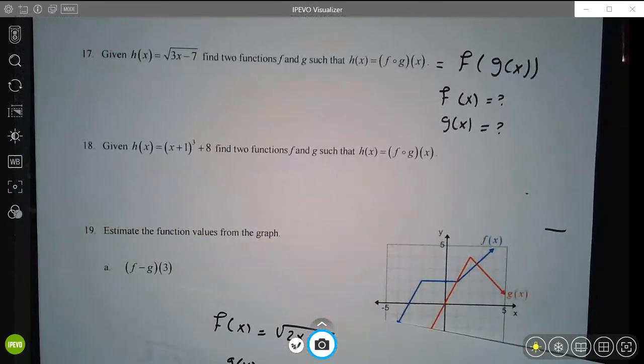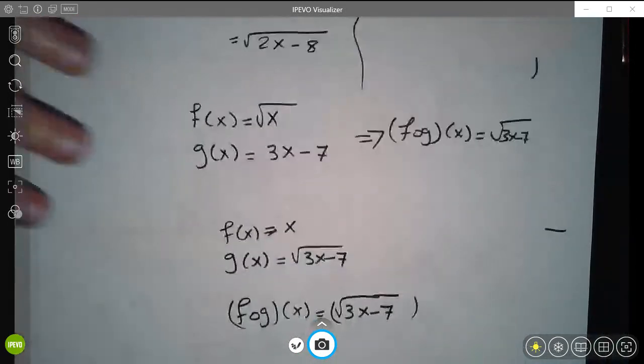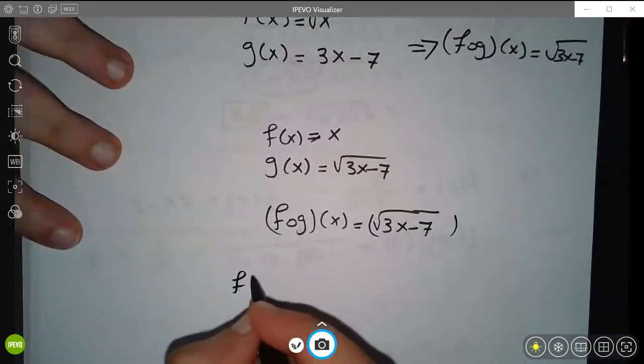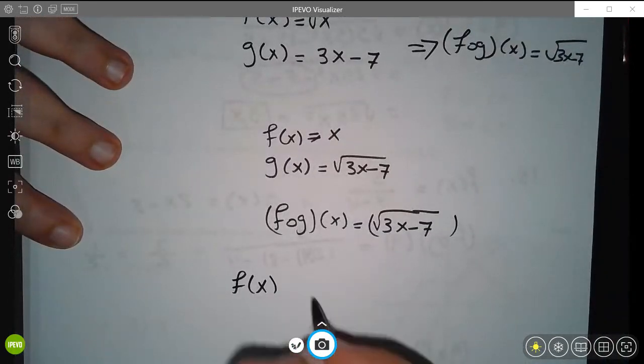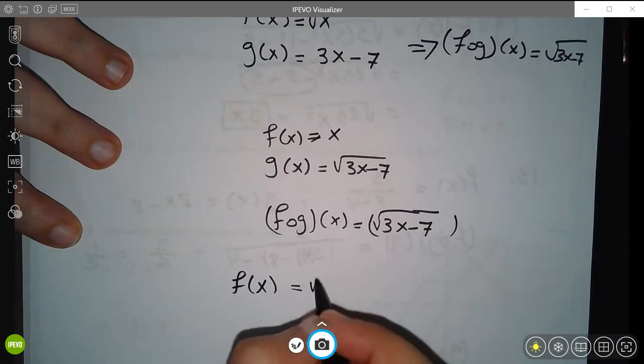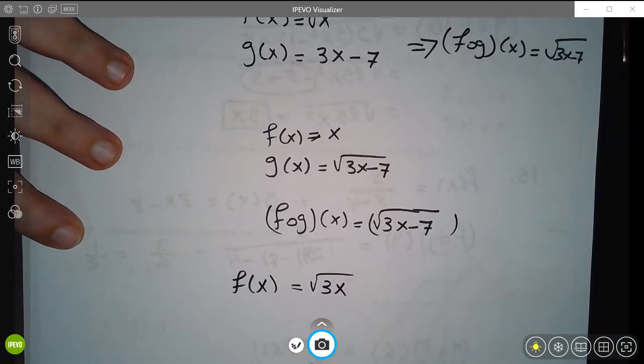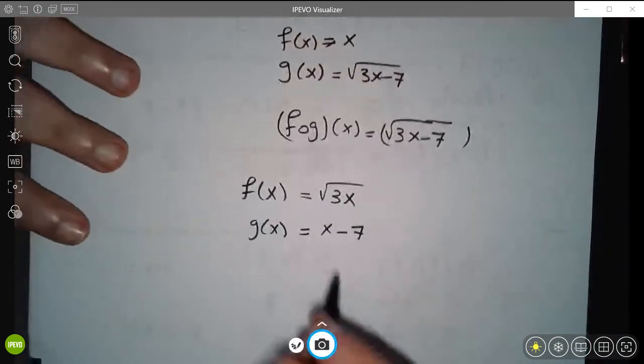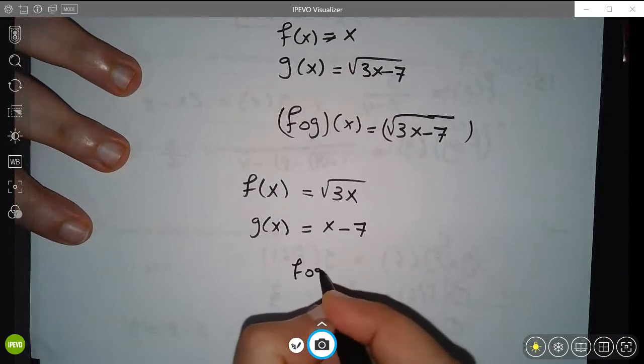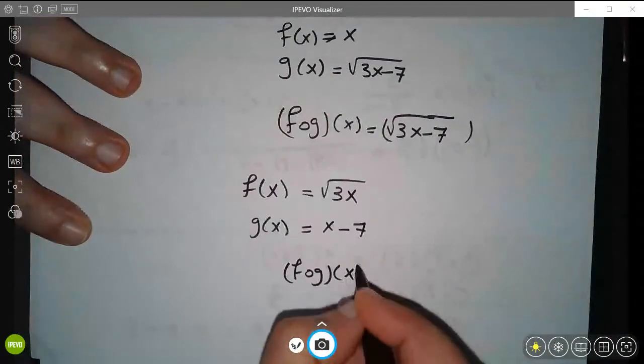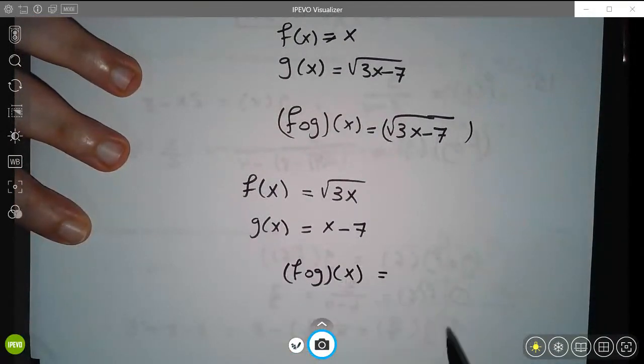Super easy. Now, I see that Mark gave me another one. You have root of 3x and x minus 7. Okay, let's try it. You said f of x, I'm assuming, right? First one is f of x. Root of 3x, yeah. And g of x is x minus 7. Well, let's look at it. This is composition of x.